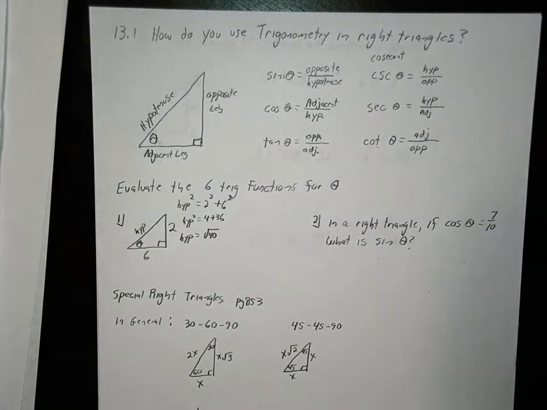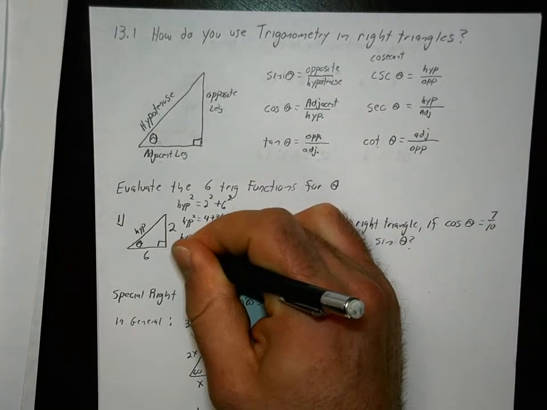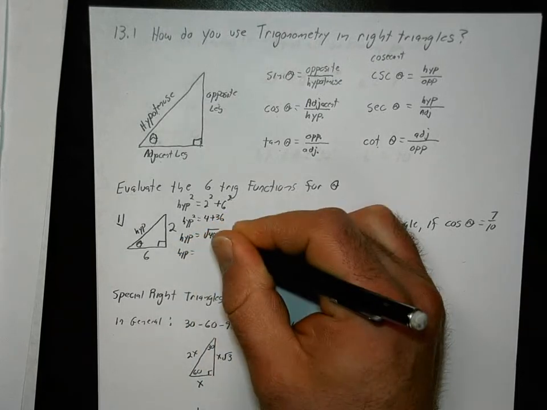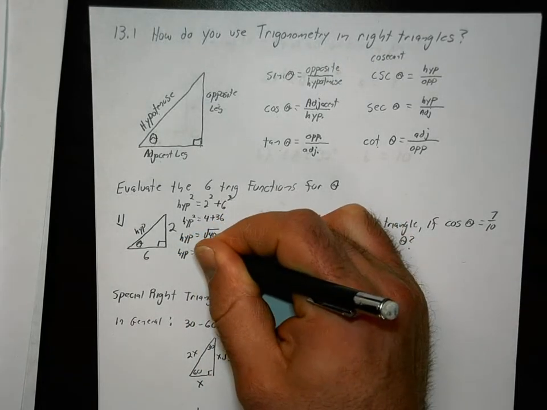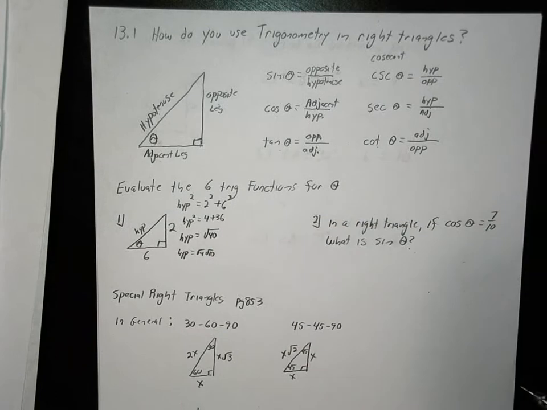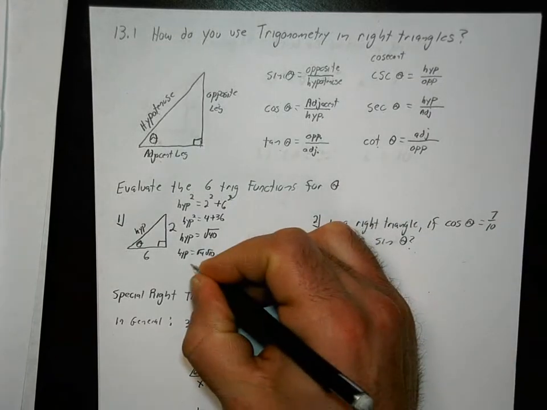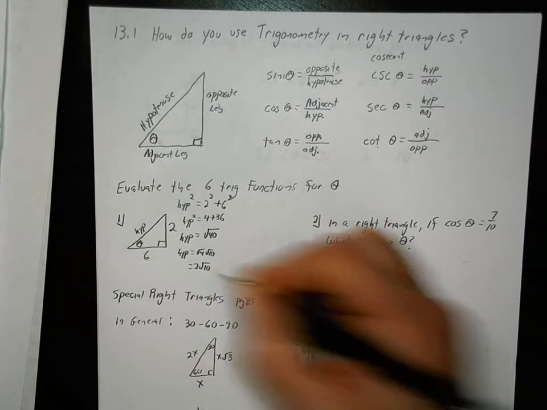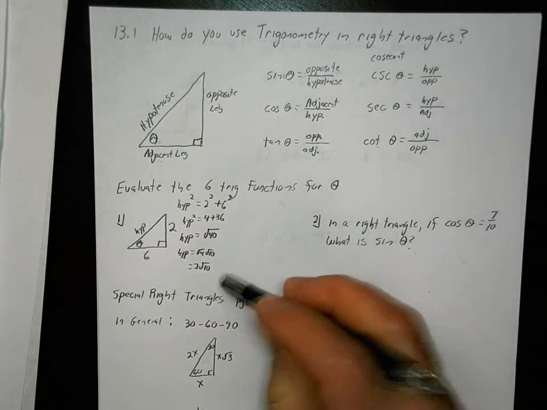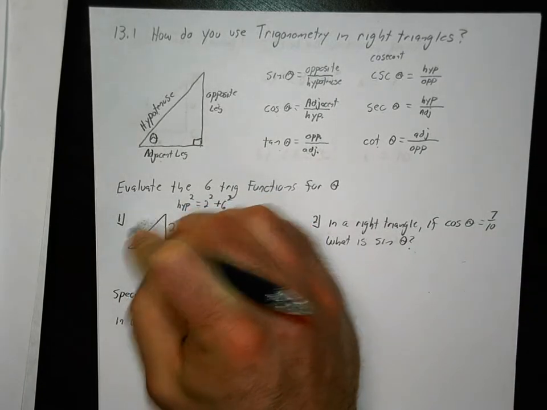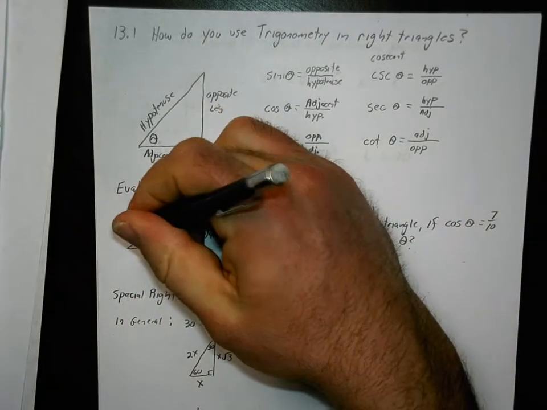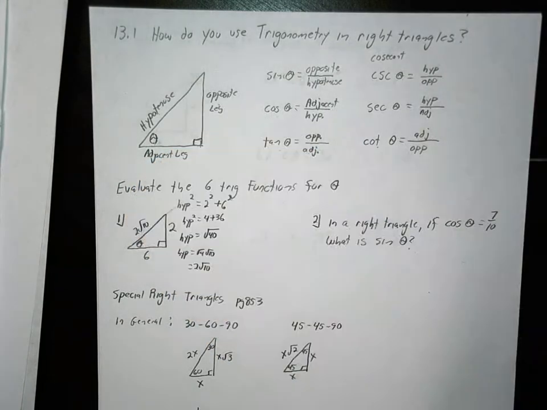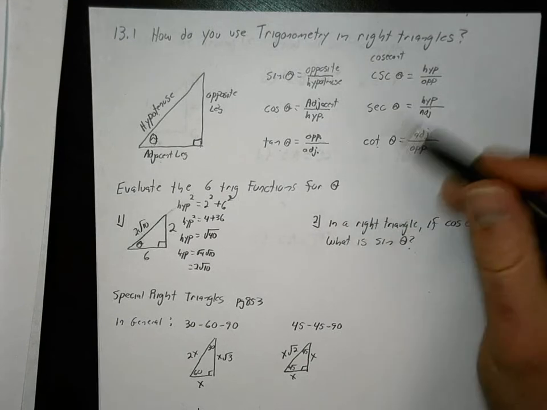Now I should simplify that down, because that's going to be the square root of 4, square root of 10, which is 2 square root of 10. So we have to leave it in our simplest form here. So I'm going to put 2 square root of 10 there, now that I found that. Now I can write all 6 of these.